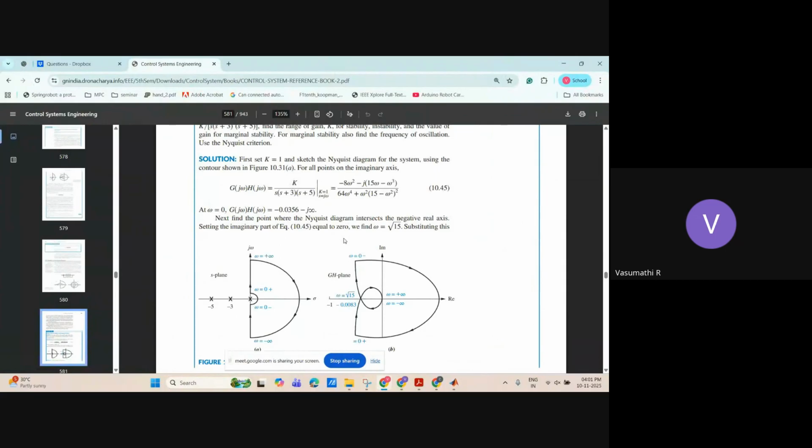Okay, let me just calculate from here. If we make this -1, -3, we'll see how this looks. If it is -3 also, this becomes 0.03.